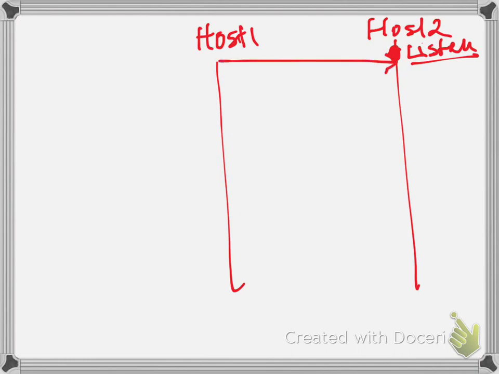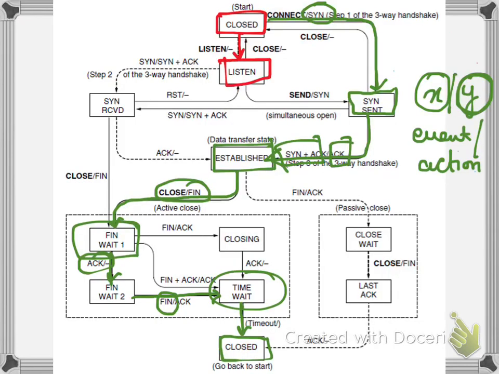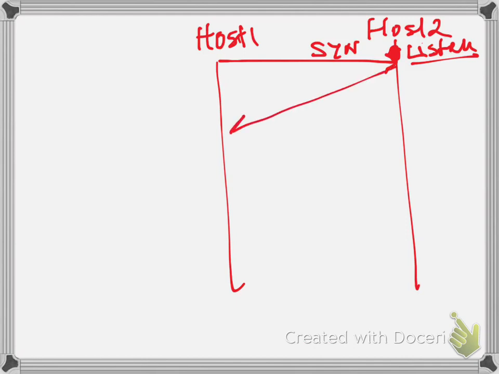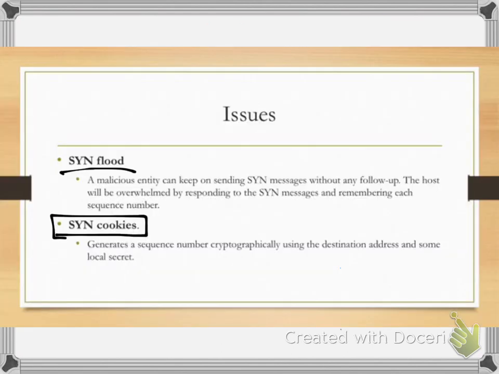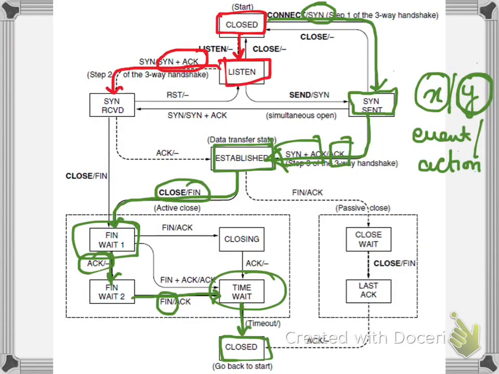It can receive a SYN from some host. When it receives a SYN from a host, it sends a SYN plus acknowledgement, and then it moves to the SYN received state.